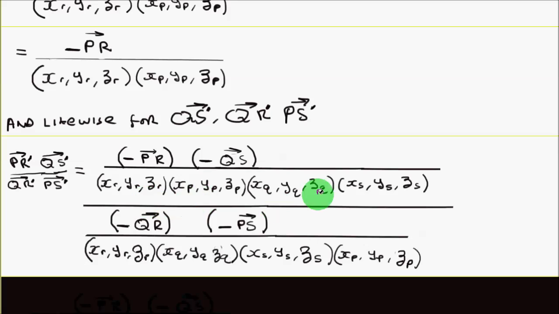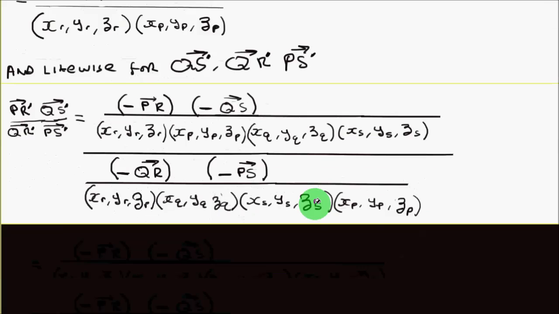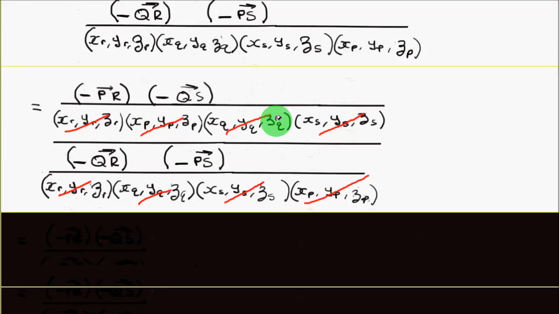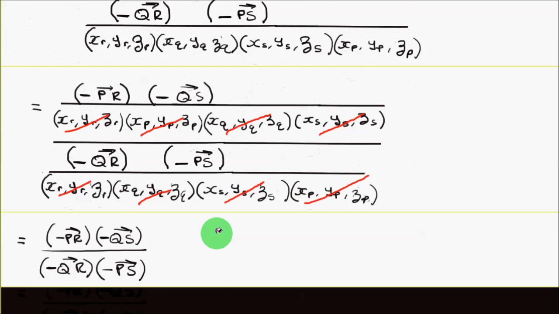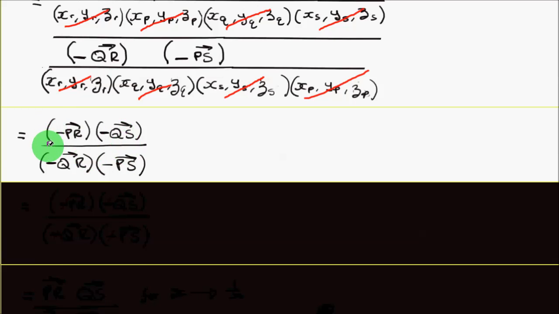Looking carefully at it, you'll see that, for example, the S point appears both in the numerator and the denominator. Likewise, the point P is in the numerator and the denominator, the point R is in the denominator and the numerator, and the point Q is in the denominator and the numerator. These can be cancelled out, as I have done here, and writing that up, this is what we're left with.